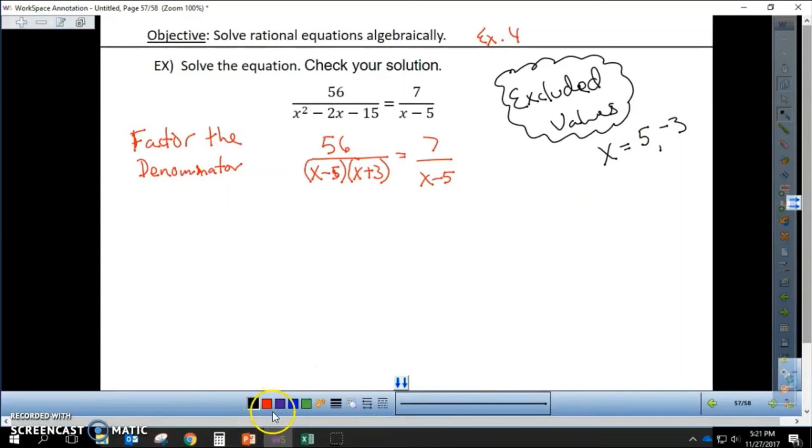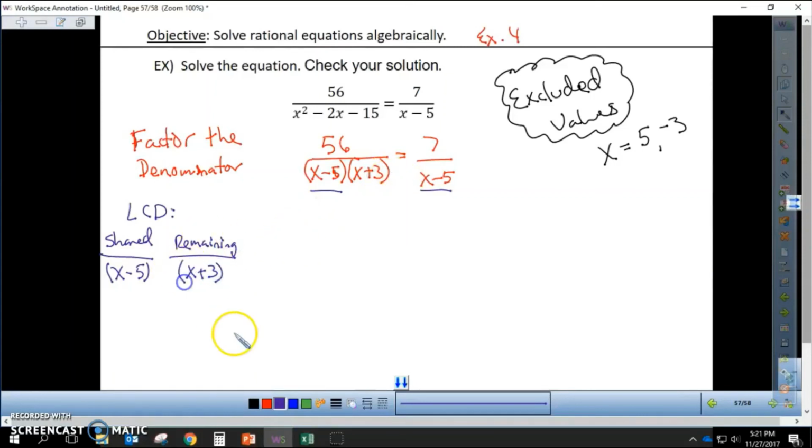Okay, so what we're going to do next is identify our lowest common denominator, and in doing so I'm going to look for shared factors, and that is x minus 5. That's shared, so I'm only going to take 1, and then I'm also going to look for any that are remaining, and that would just be x plus 3.